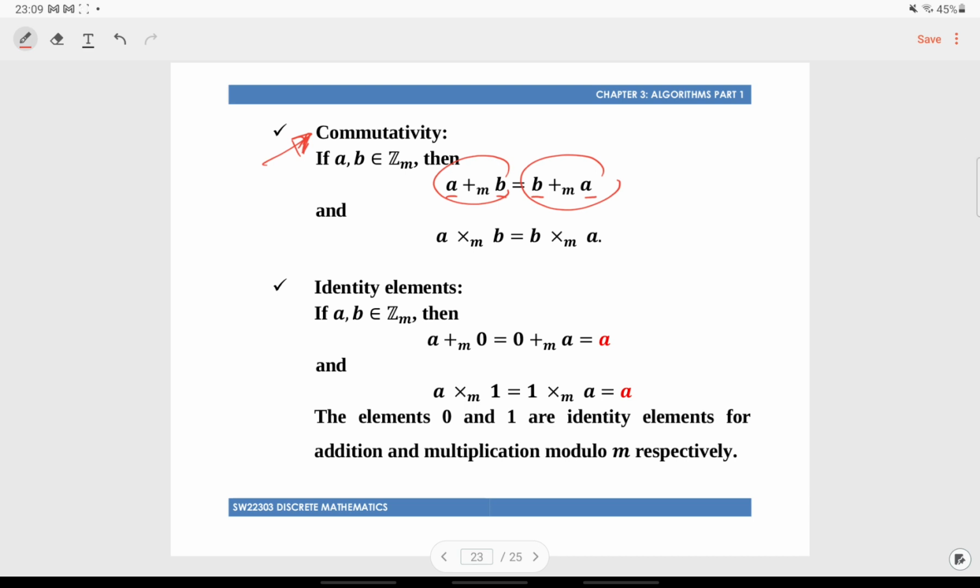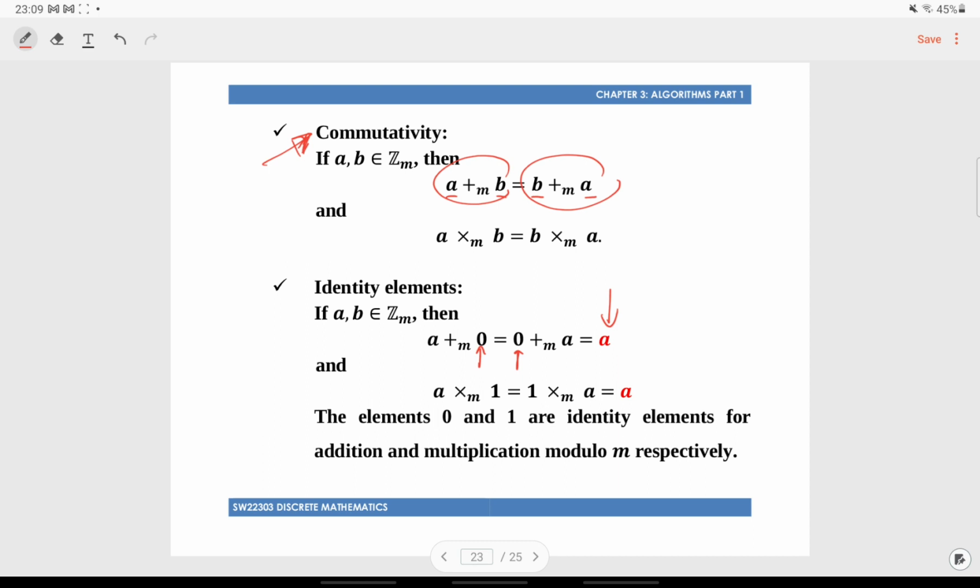Other than commutativity, we also have identity elements. If a is an integer modulo m, then a plus 0 equals 0 plus a mod m, which is equal to a. That means 0 is an identity element for addition, because after we do the addition, we obtain the original value. So 0 is an identity element for addition modulo m.